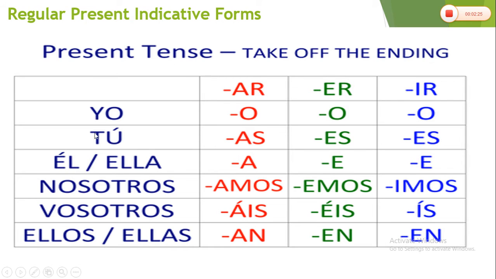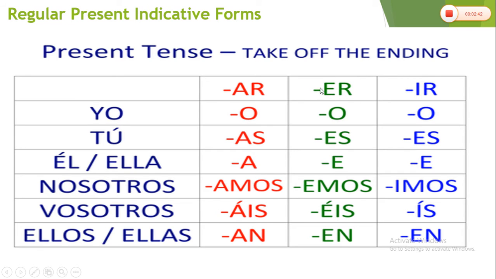If you use the sentence using tú as a subject pronoun, which means you, and the verb is AR, then AR will get replaced with AS, and so on.